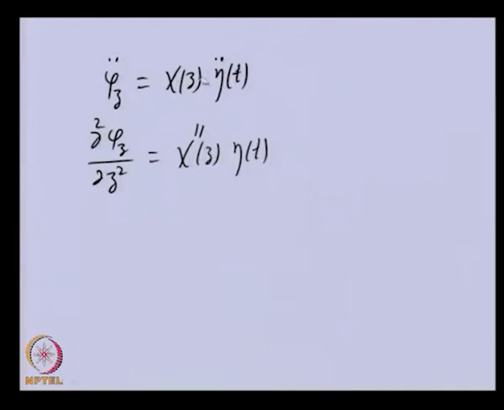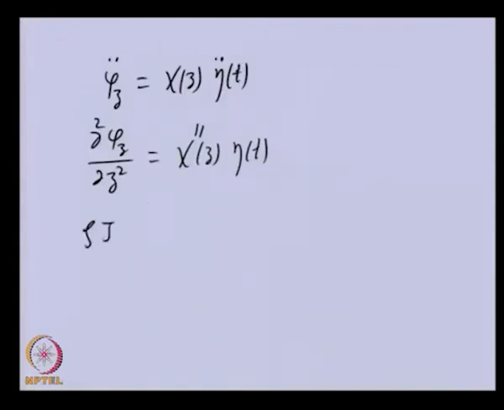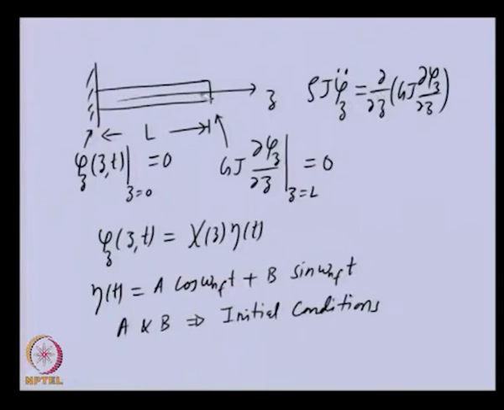These two we can substitute in the equation of motion. So, we will get rho j eta double dot chi of z on the left side, and on the right side, because we have considered this shaft to be uniform, G J will be constant, so it will come out.